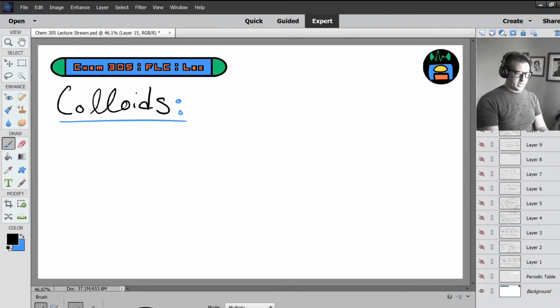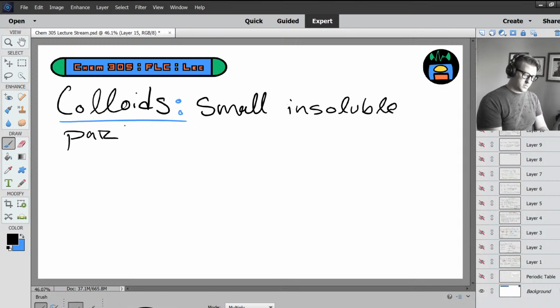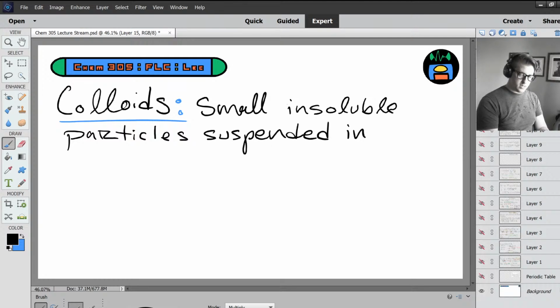So you get a colloid when you have small, I should say, not just small particles, but small insoluble particles suspended in a liquid. I can't call it a solvent because it hasn't dissolved the stuff.